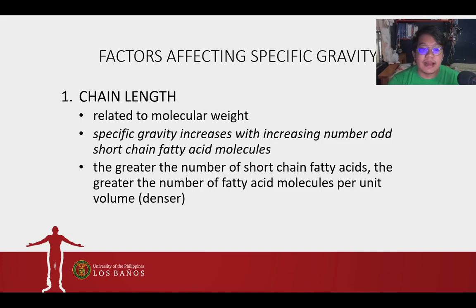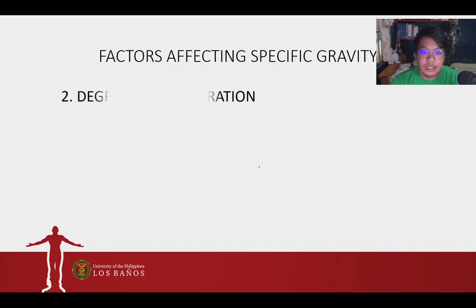Kapag mas marami yung mga short chain, yung mga unsaturated nga, pwedeng mas maging dense yung ating fatty acid or oil. Kapag mas dense siya, mas bibigat siya, 'di ba? And by then, mas tataas yung kanyang specific gravity compared dun sa long chain fatty acid. Next factor that we have is the degree of unsaturation.